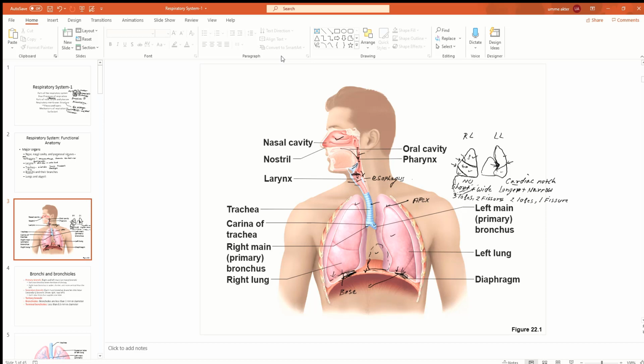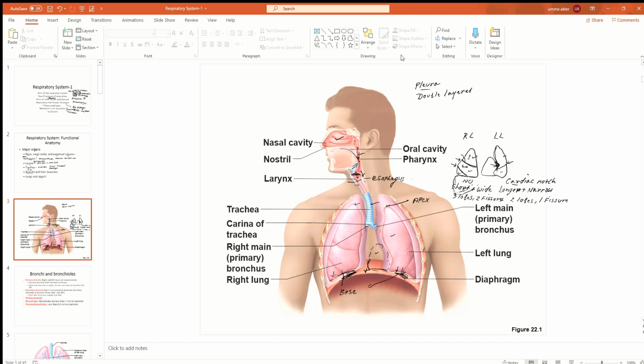Now let me talk about one more important structure, which is the pleura of the lung, the covering. The pleura is a double layered structure. So it has two layers, like the pericardium of the heart.